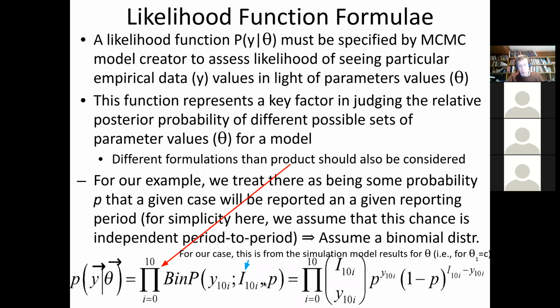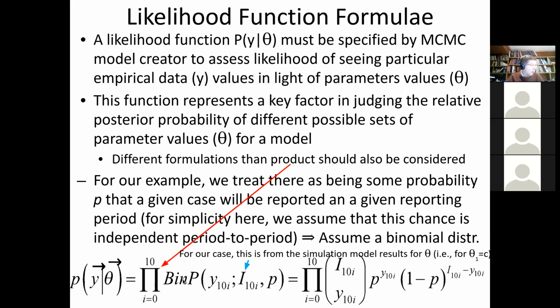And then I can ask, well, what's the likelihood if I have that many from the simulation model, having plugged in the value of C from the parameter vector, if I observe that many infections, and I have a probability of reporting each infection according to P, I can compute the likelihood that I will have observed the empirical number of cases, say 50 cases. How do I do that calculation? Well, I do it with a binomial distribution.